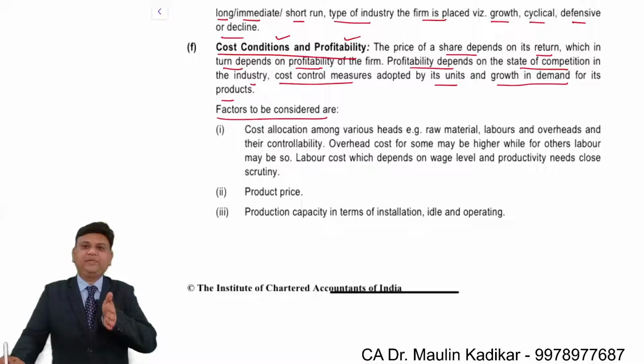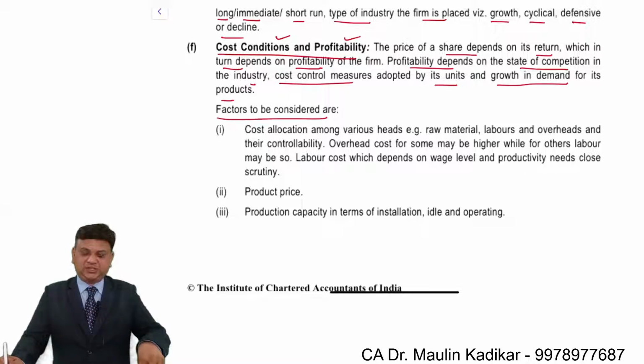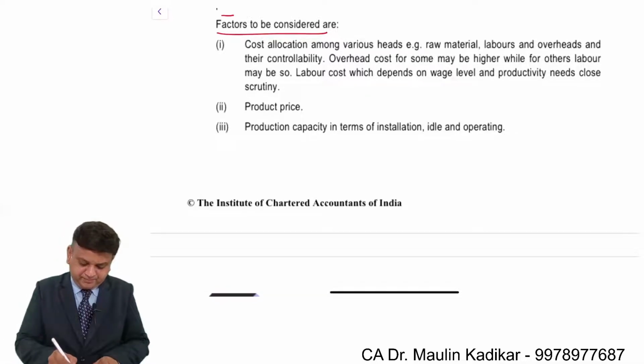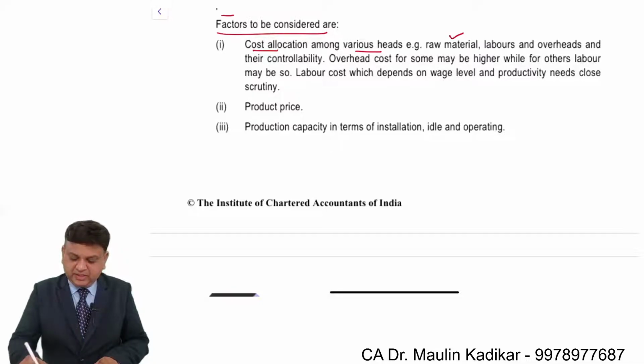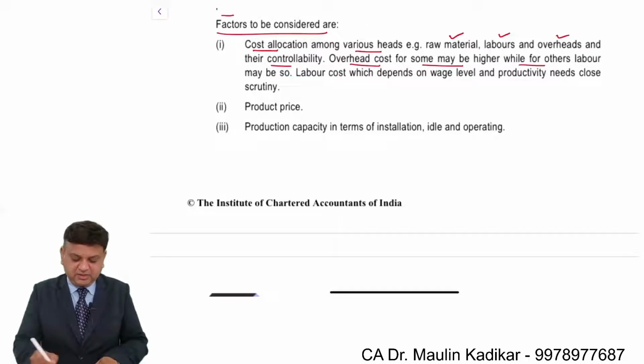Profit of the company depends upon the state of the competition in the industry, and the cost control adopted by the units. So the factors considered are cost allocation among the various heads: raw material, labor, overhead, and their controllability. Overhead cost for some may be higher while for others labor may be.